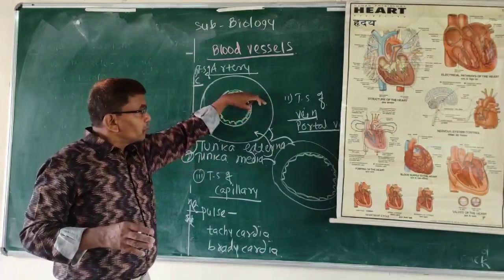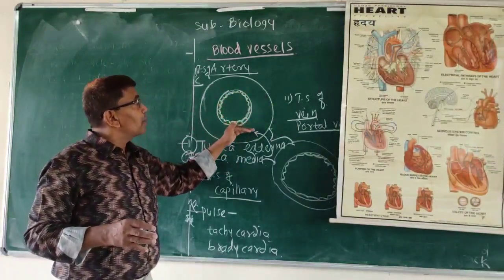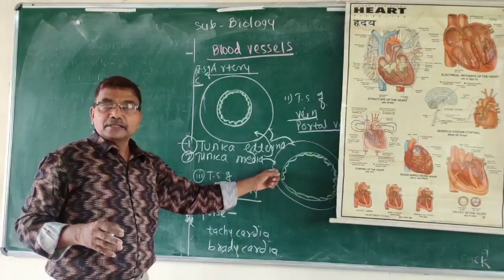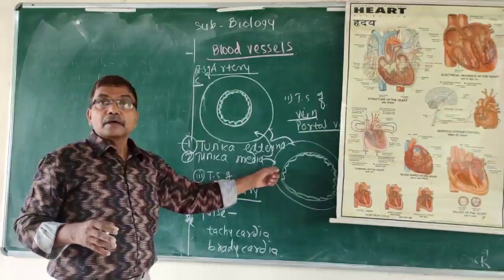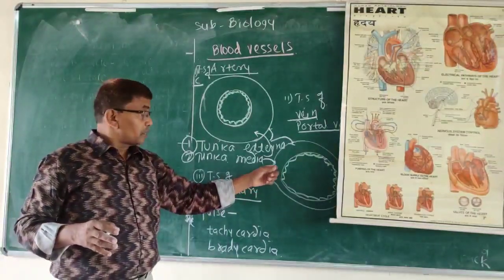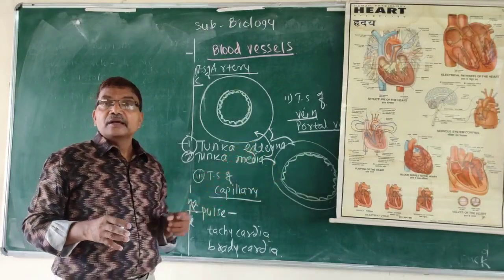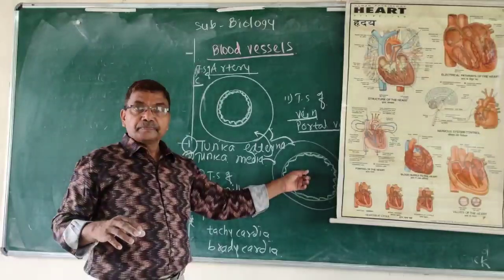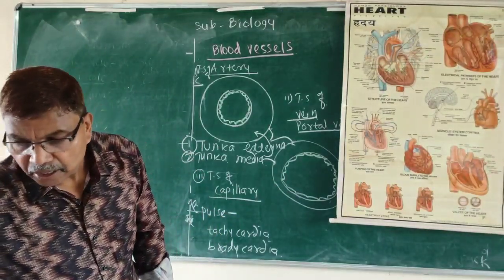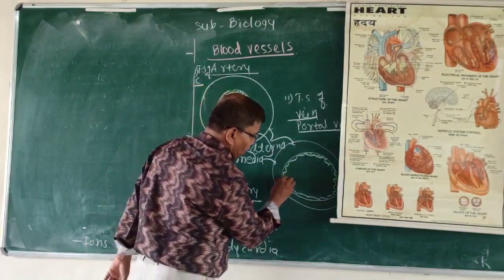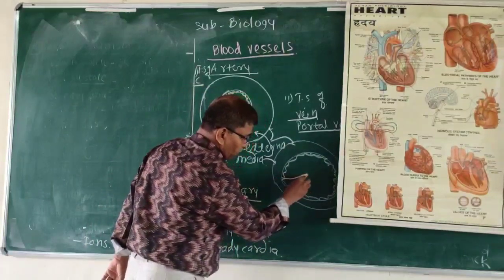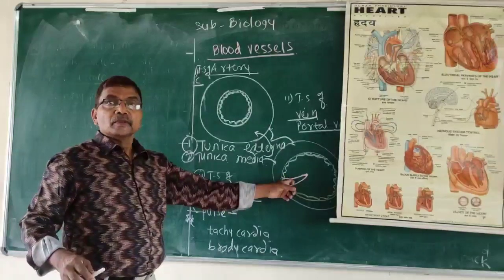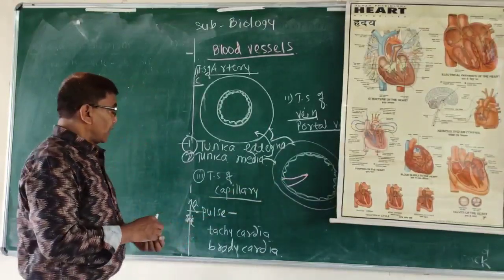This tunica media is well developed in the artery, but not well developed in the veins. Why? Veins are blood collecting vessels. The blood is carried towards the heart, so there is not much pressure on the blood flowing in the veins. And to prevent backflow in the veins, valves are present in the lumen.